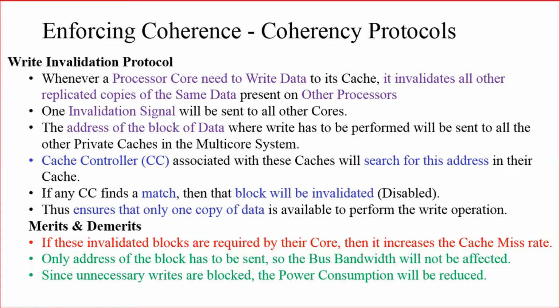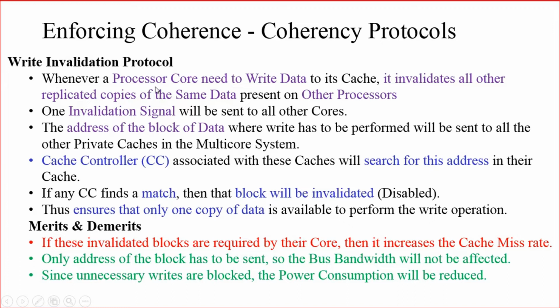So what does the cache controller associated with the private cache of the other processors do? It will search for the address in its cache. Whenever a processor sends the address of a block where a write is done, the cache controller of the other processors will read the address, because all the cache controllers get the same address transmitted by the processor core.